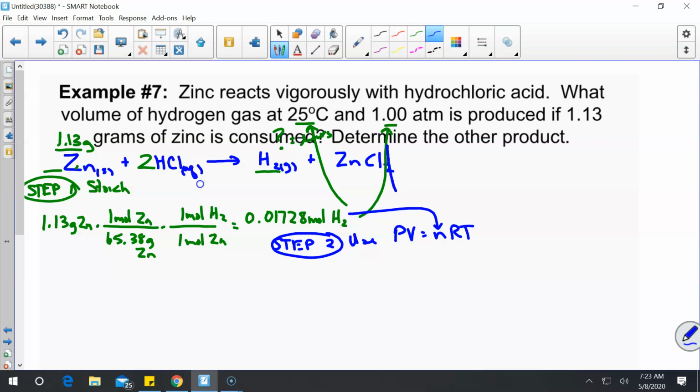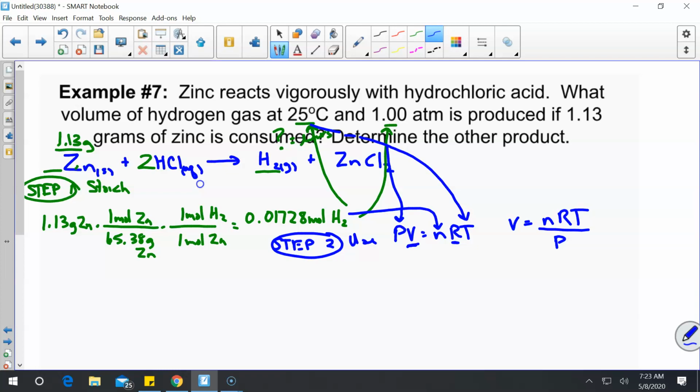I want it at 1 atmosphere, and I have temperature, and I know that R value, that's a constant. I can figure out what volume I want. So if I rearrange this equation, isn't it V equals nRT divided by P? Okay, because this is what they're asking me to find right here.